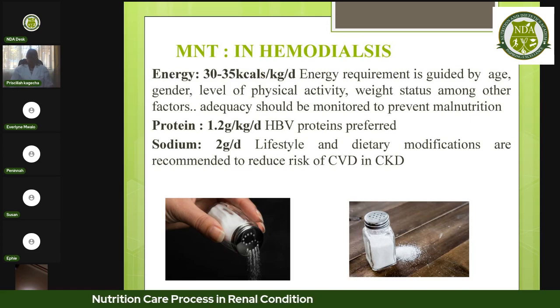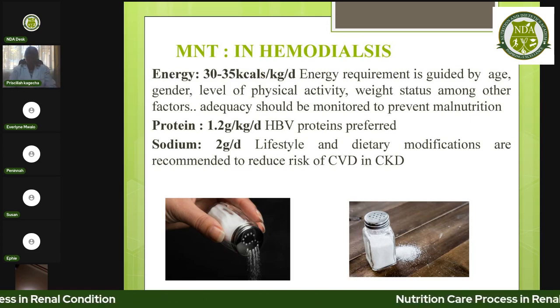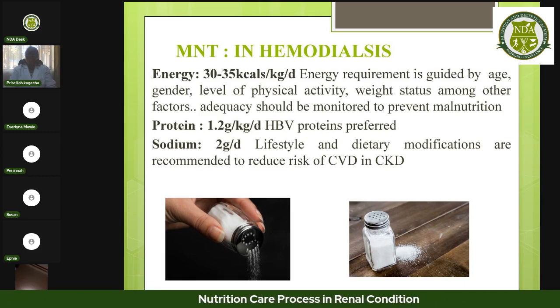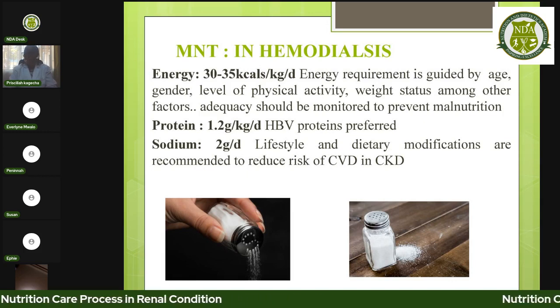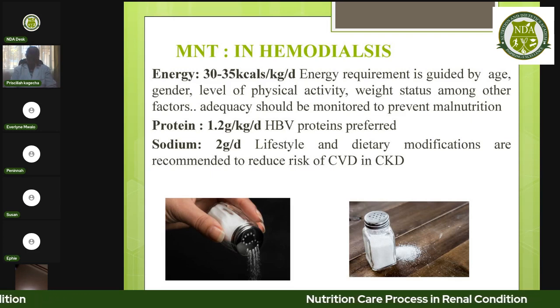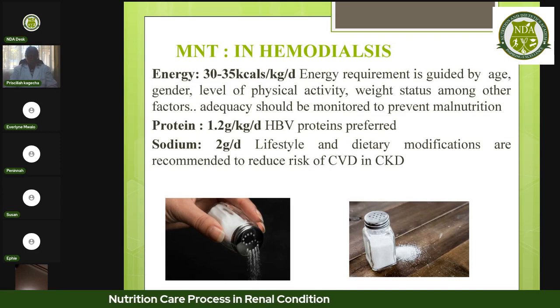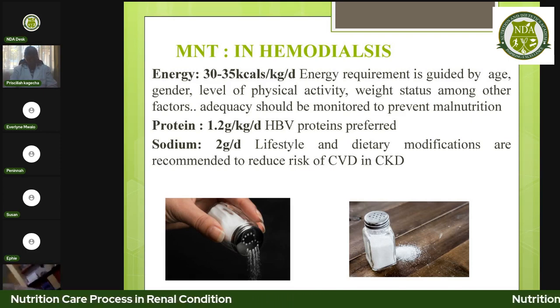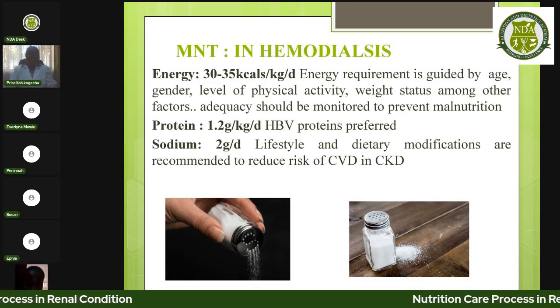So you also want to advise the patient to change their lifestyle, with dietary modifications recommended so that they may reduce the risk of cardiovascular diseases in chronic kidney disease. For potassium, you want to give about 800 to 1000 milligrams per day.